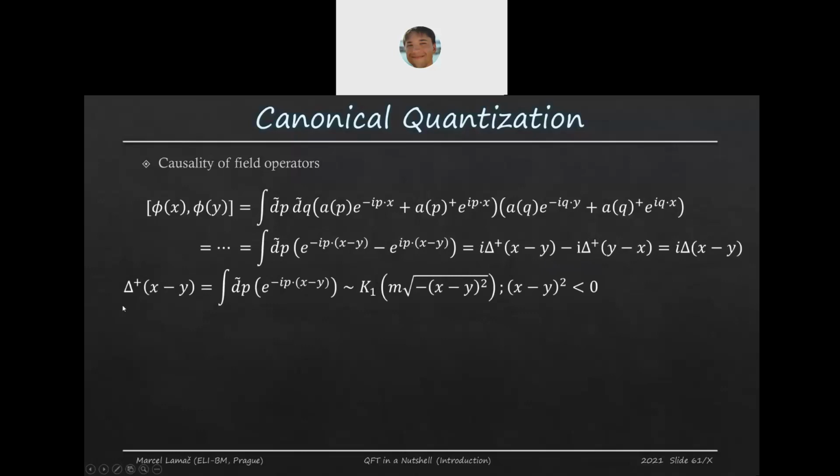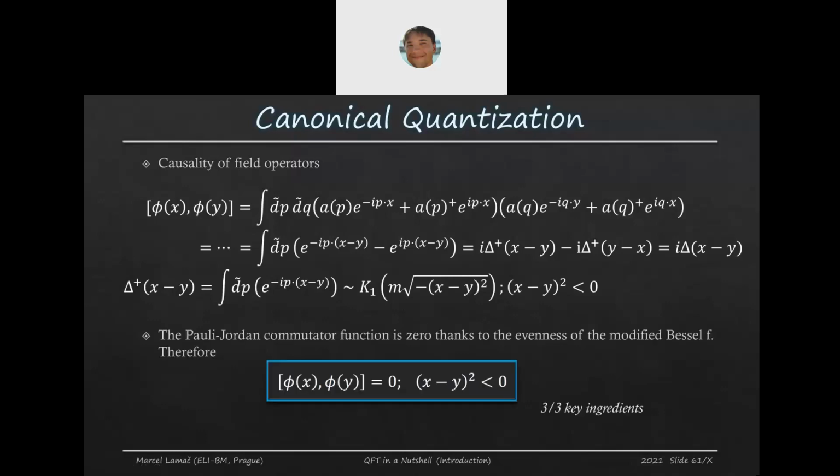And this Green's function can be evaluated in the position representation. But what is important is that the Green's function on its own, this retarded Green's function, is in fact what we calculated as the relativistic probability amplitude for a particle to travel between some points x and y.